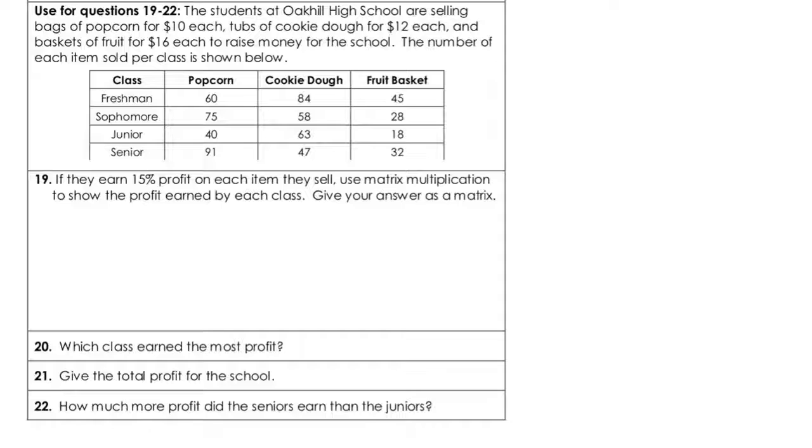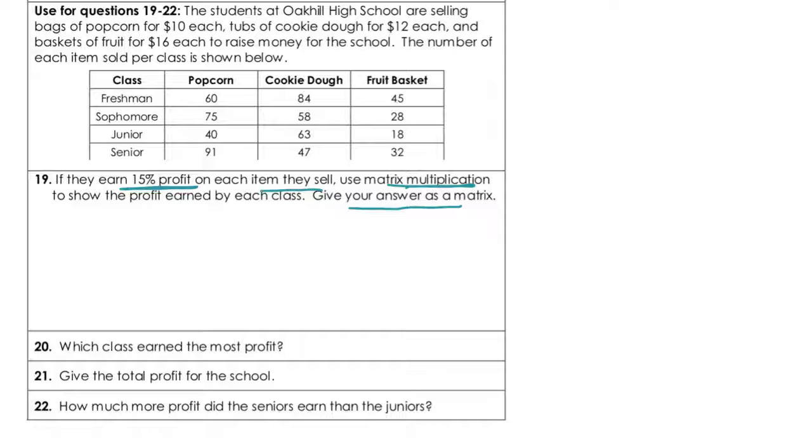Now, another way to use this would be over number crunching this. A good thing for us to realize here is that the question itself is saying that they're earning a 15% profit on each item that they sell. And we're going to set up our matrix multiplication. Notice it tells us to give our answer as a matrix, so we have to be careful with this.